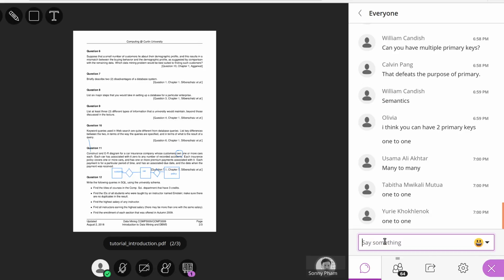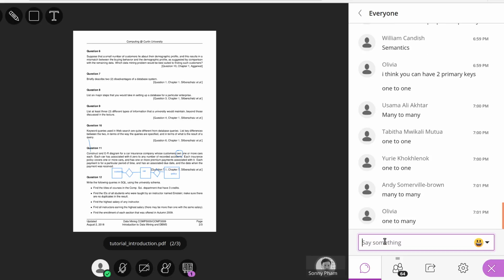The thing there is that each insurance policy covers one or more cars, and has one or more premium payments associated with it, right? I haven't specified the link yet, but I'm going to discuss in the class, what do you think about the policy one to many?